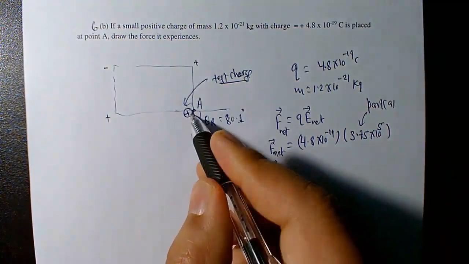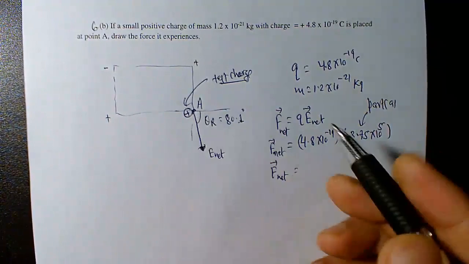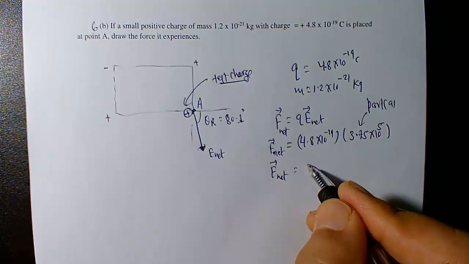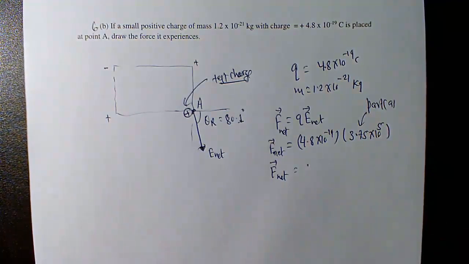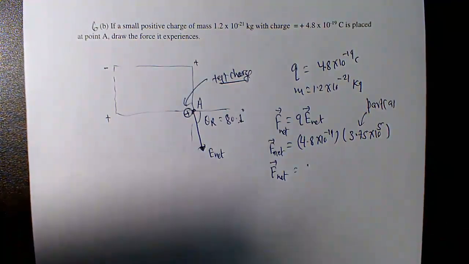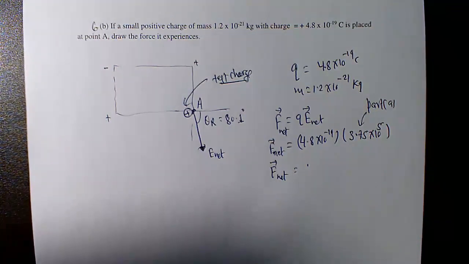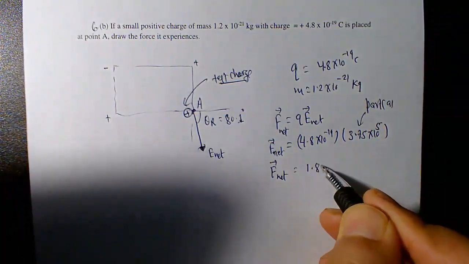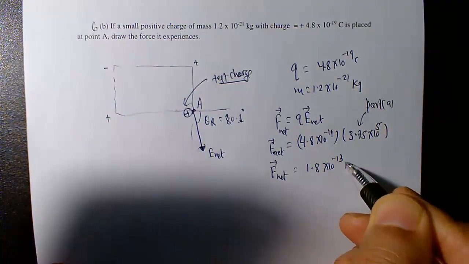That's the net electric field experienced by this small positive test charge. If you do this calculation, 4.8 × 10^-19 times 3.75 × 10^5, it gives you 1.8 × 10^-13 newtons.